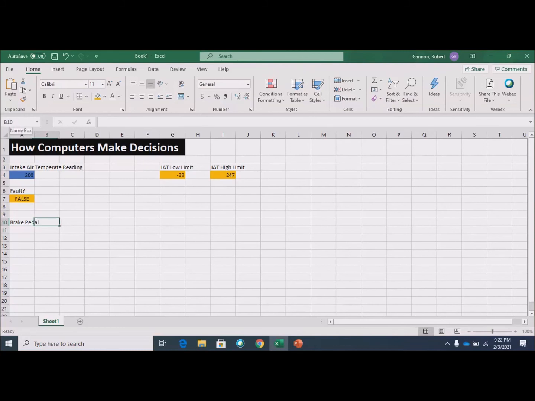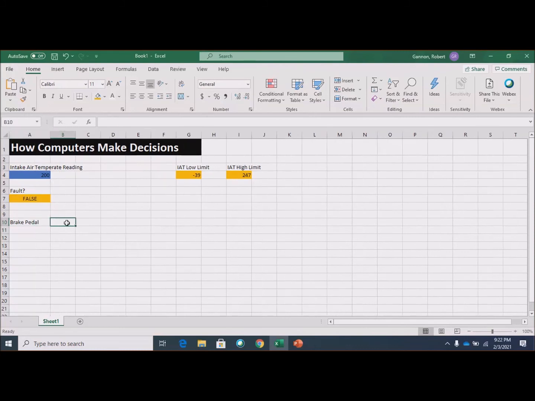And we'll call this start button, and rename that start. Right now we're not doing either one, so that's false, that's false.